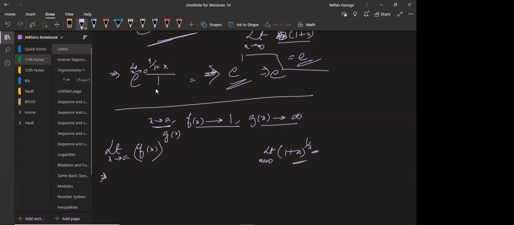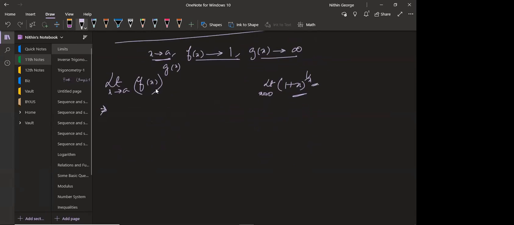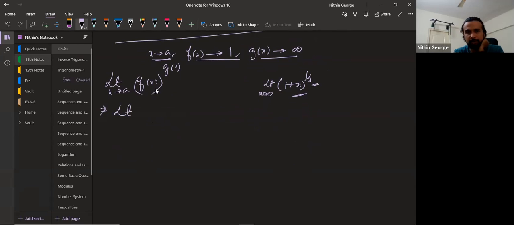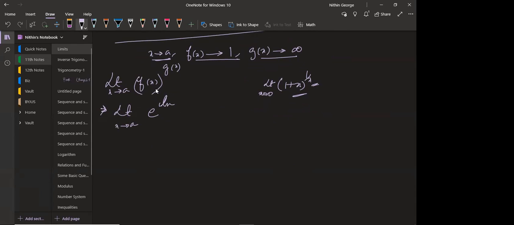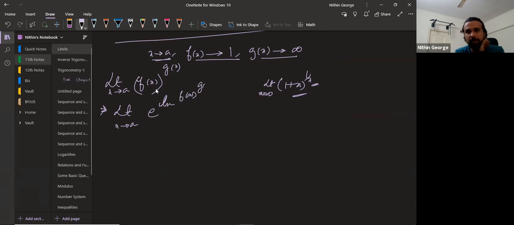E power ln f of x power g of x. Exactly. So we'll do that. e power ln f of x power g of x.